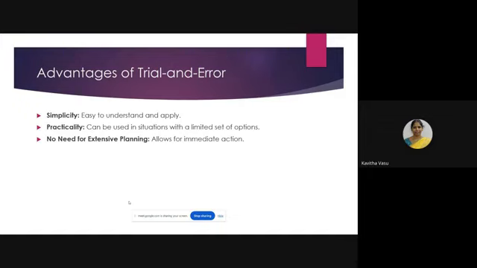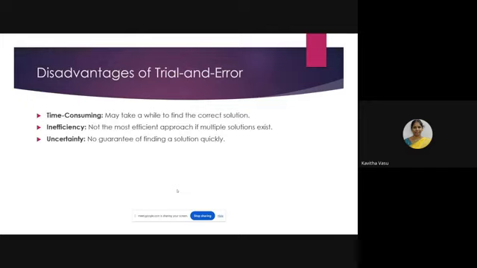Practicality means useful in situations with a small number of possible solutions, allowing for quick testing and implementation. No need for extensive planning allows for immediate action. If that is not working, we have to apply extensive planning for the trial and error method.